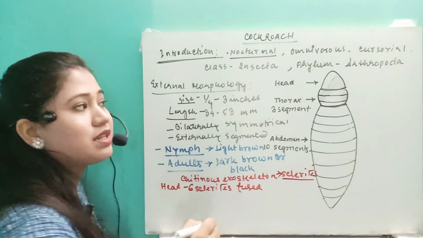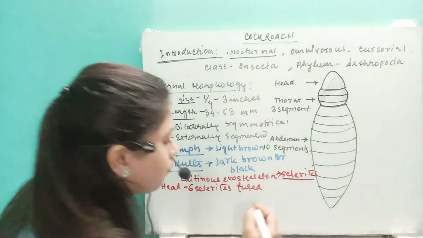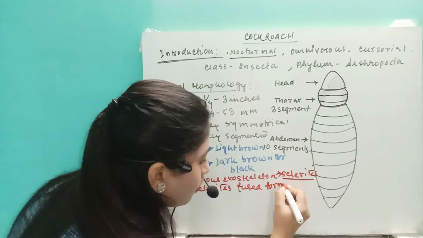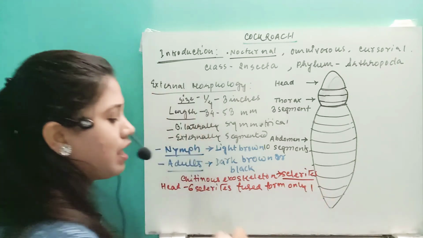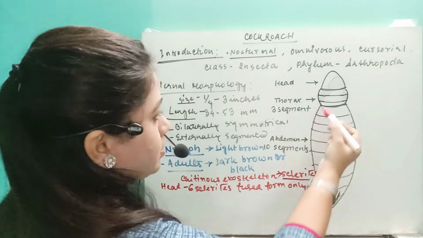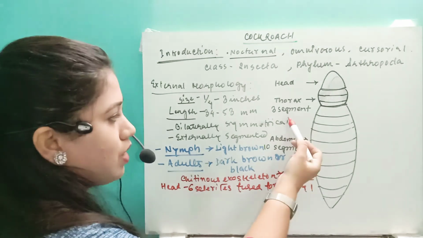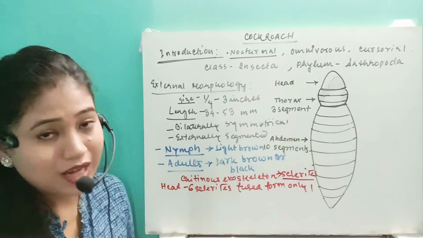Only in the embryonic state do they have separate sclerites; those are fused and form only one. So this is what happens in the head. After the head, you can see the thorax and abdomen. The thorax has 3 segments and the abdomen has 10 segments.